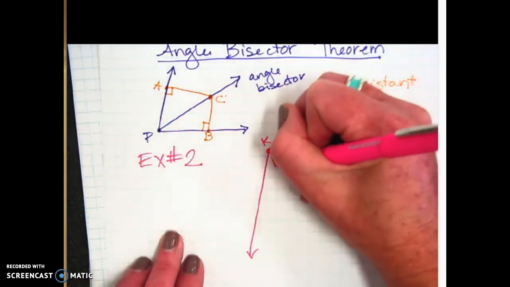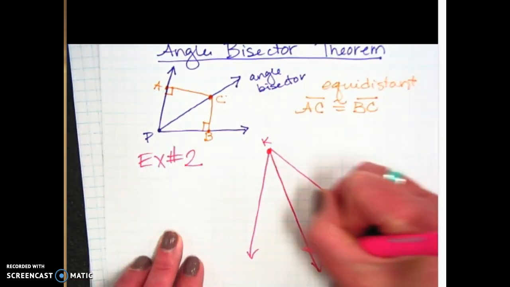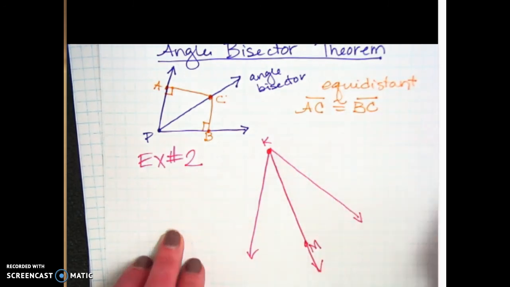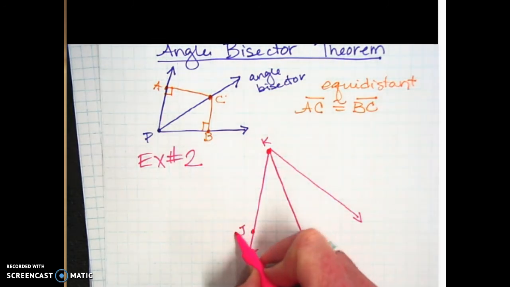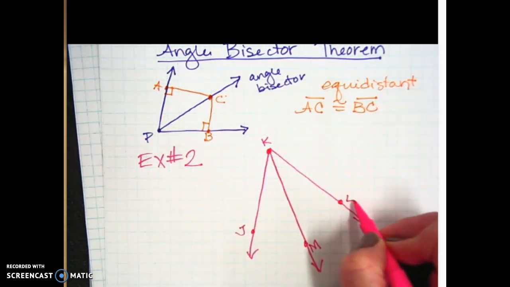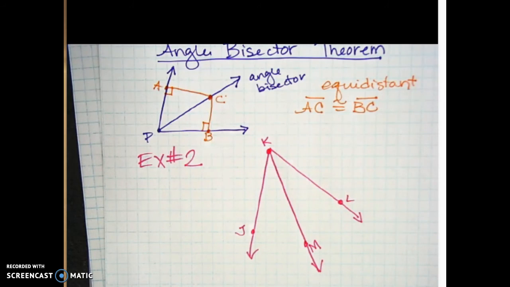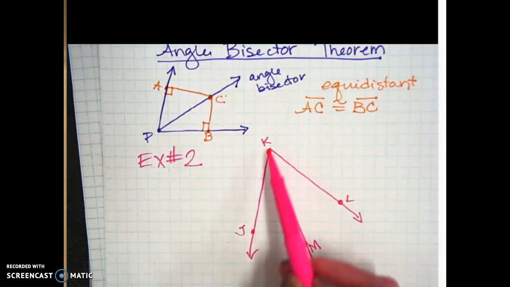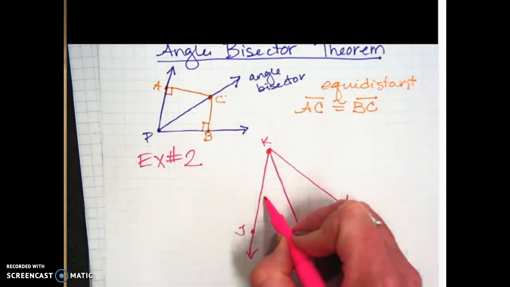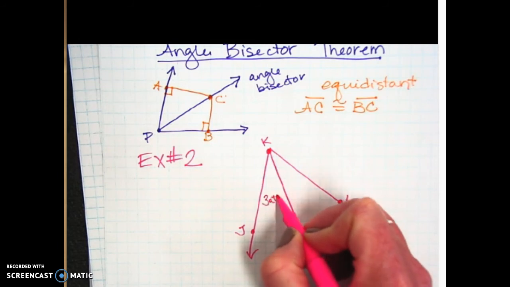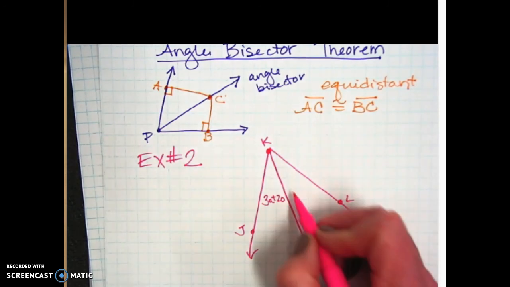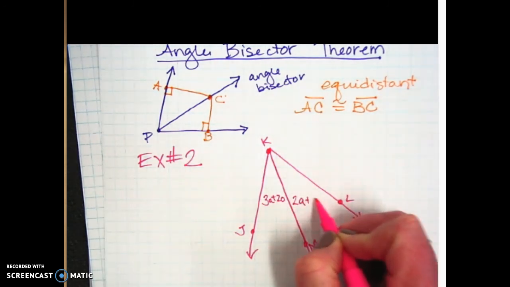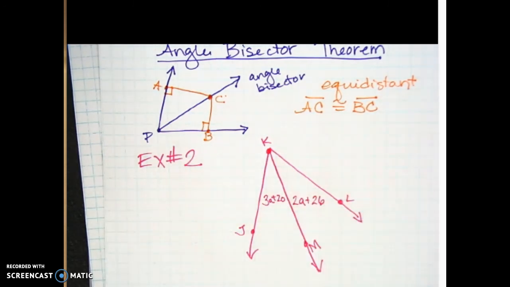We get a beautiful angle bisector. We'll call that ray KM. And we'll put a point over here, call it J, a point over here, and call it L. Okay? So I'm going to tell you that angle JKM is 3A plus 20, and angle LKM is 2A plus 26. Of course, they have to throw algebra in there, right?